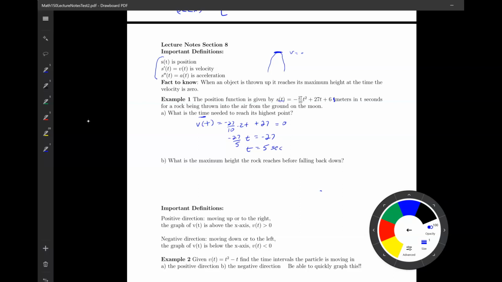So then what is the maximum height? To find the maximum height, I'm going to put that back into the position function, because the position function tells me the height. So I get plus 27 times 5 plus 6. So that'll give me 50.